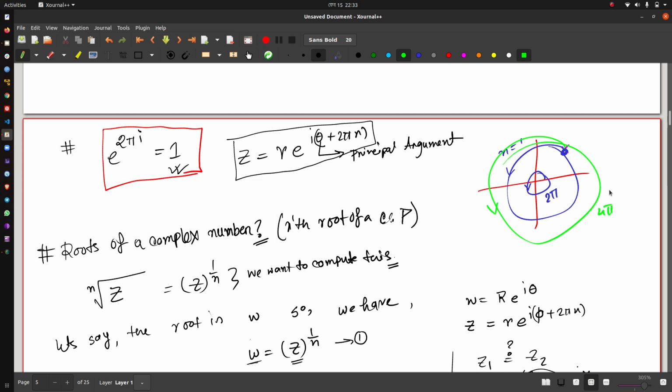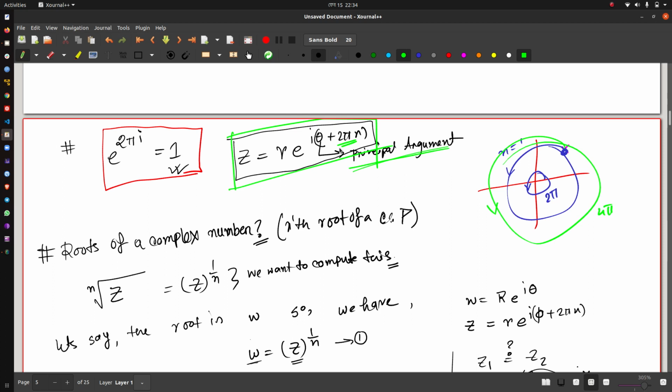So each time you rotate about the origin, you pick up a factor of 2 pi. So that's why there is this 2 pi n, or so to say the multiplicity, and this theta is now the principal argument. So now this form is actually more well defined, and this is the representation for a complex number in the polar coordinates.